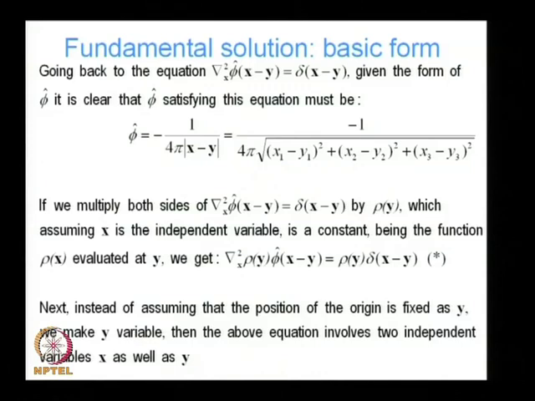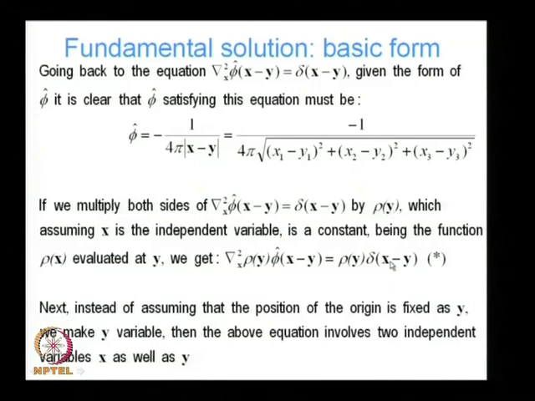So, x is still my only independent variable, and let me think of rho of y as a constant. Since it is a constant, I can pull it inside my Laplacian operator, and I get Laplacian of rho of y phi hat x minus y is equal to rho of y delta x minus y.